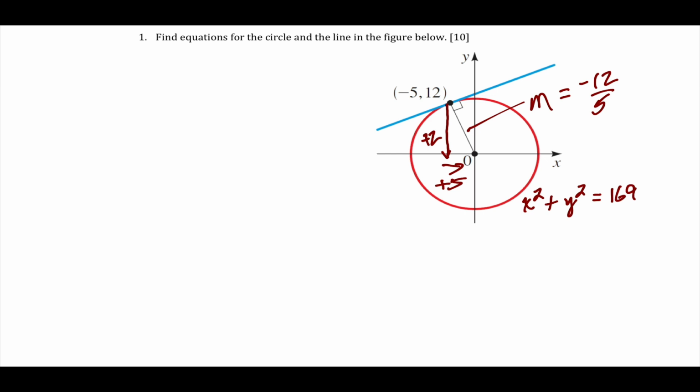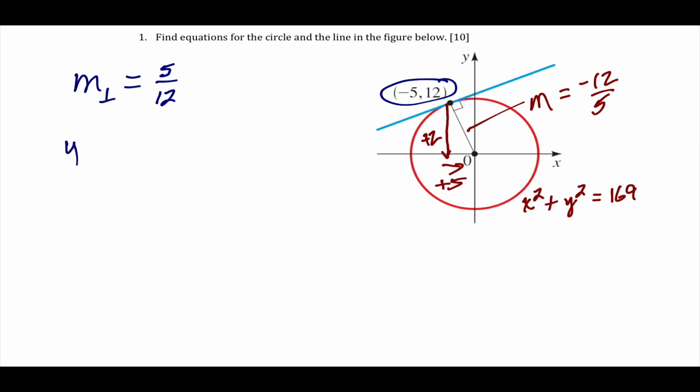So let me switch to blue because the line is blue. My slope of the perpendicular line is positive 5/12.